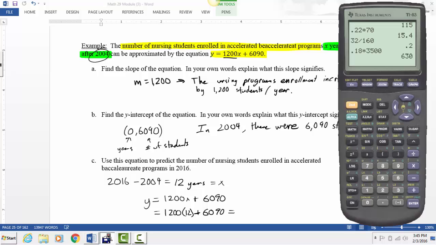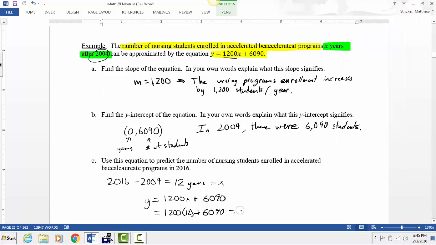So if we take 1200 times 12 and we add to that 6090, we get 20,490. 20,490 students. In what year? In 2016.